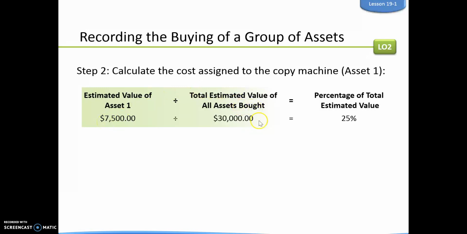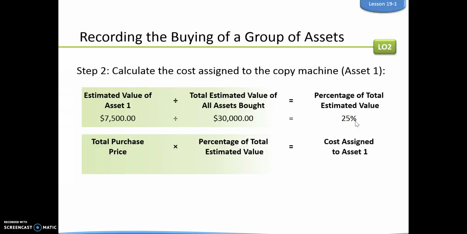And the total estimated value of all of our assets bought together is $30,000. So if you do that calculation, it winds up being 25%. We then take that 25% times our total purchase price, and we get a cost assigned for our office equipment, which is the copy machine, of $6,750.